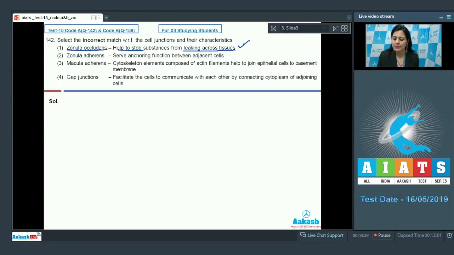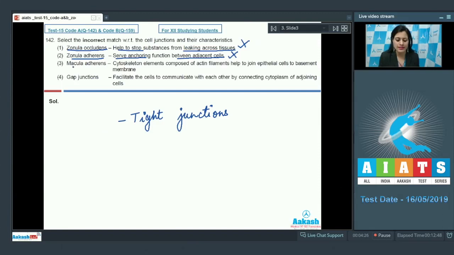And as it is a correct match, this cannot be a correct answer to our question because Zonula occludens, which is also known as tight junctions, help to stop substances from leaking across tissues. The next match given is zonula adherens, and the match given is serve anchoring function between adjacent cells. And this is also a correct match, so it cannot be a correct answer to our question.